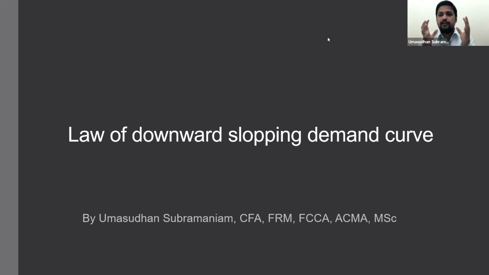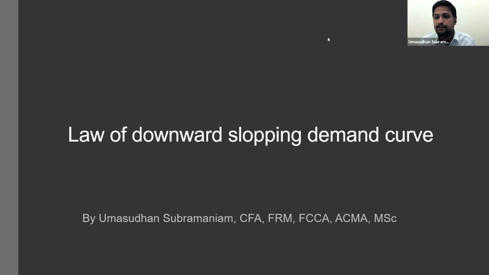So again, what we are trying to say here is that the relationship between demand and price, meaning higher the demand, price increases, lower the demand, price decreases. On the other hand, higher the supply, price decreases, and lower the supply, price increases on a given day.